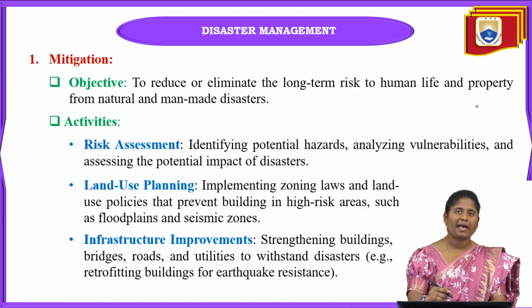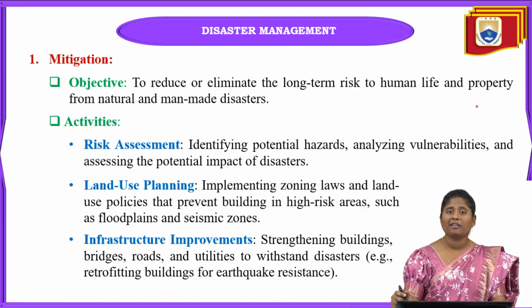So what activities can we take to mitigate these disasters? Risk assessment: here we have to identify the potential hazards, that is, where the disaster-prone areas are and what potential hazards we can see.